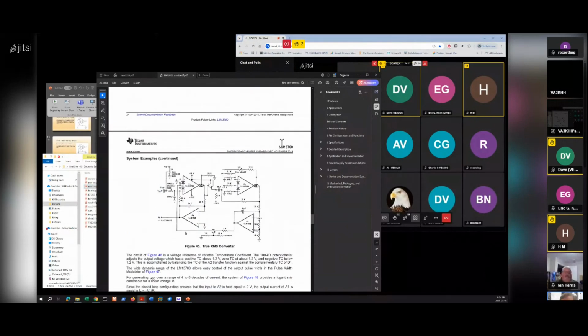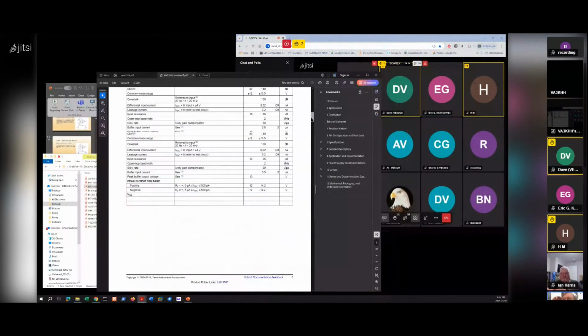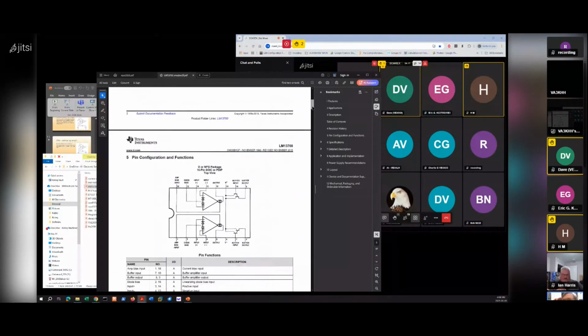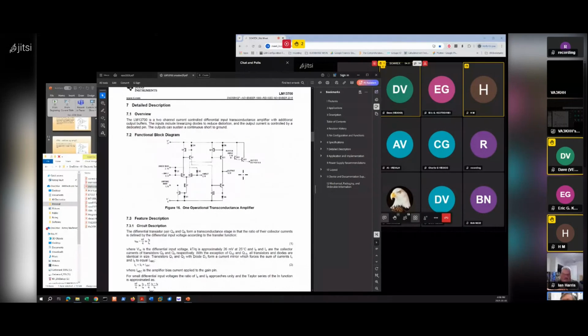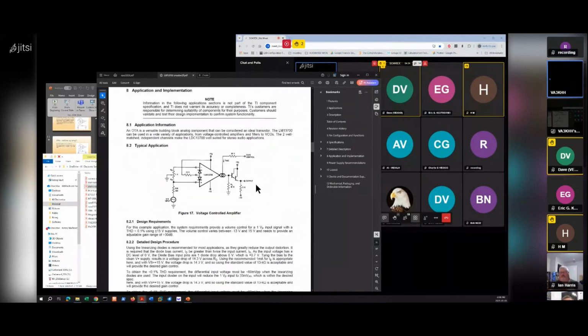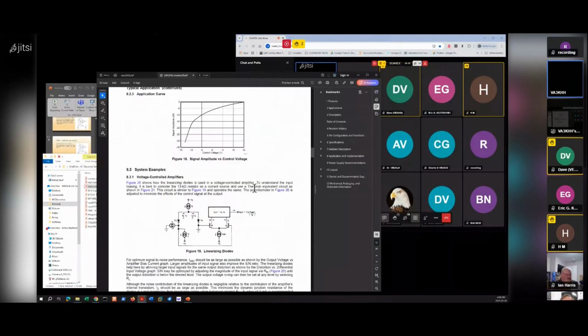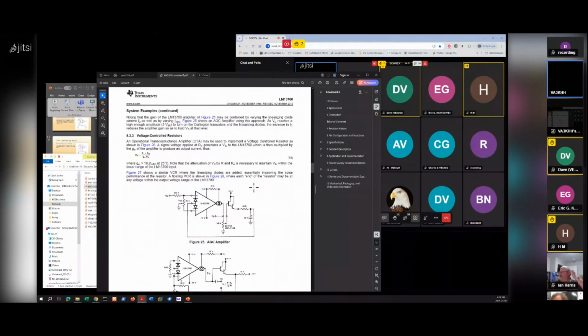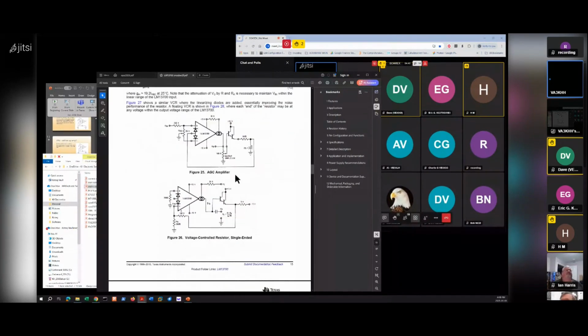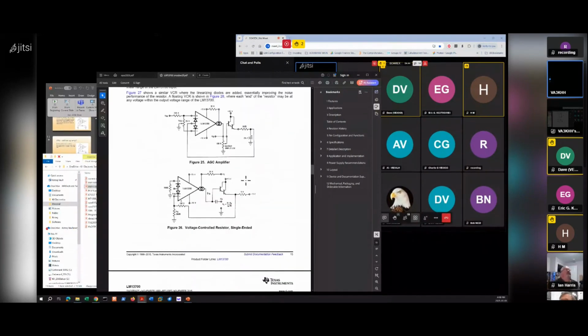The circuit you talked about, the voltage control resistor. Do you recall what kind of values or what range of resistance it can control? Like 0 to 1 meg? I'm just looking that up right now. Voltage control resistor. No, it doesn't really say, although it's R plus RA over GM.